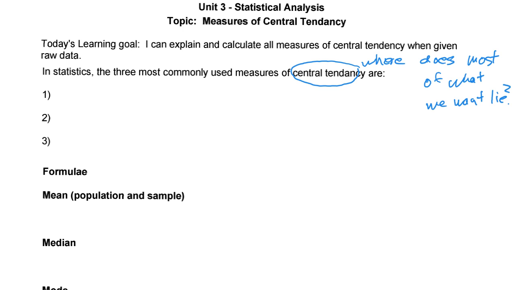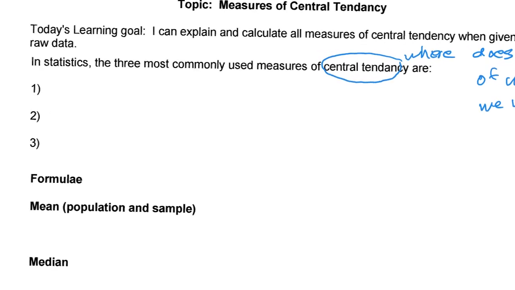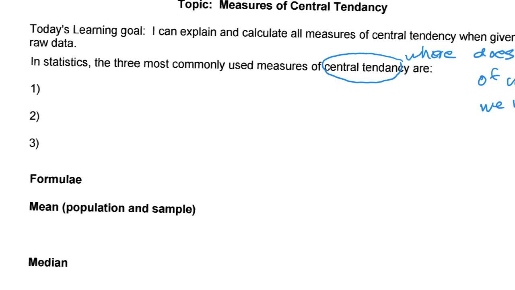So there are three different measures of central tendency. Okay? I call these the three M's. They are the mean, the median, and the mode.